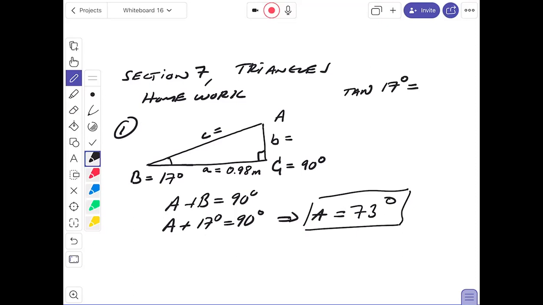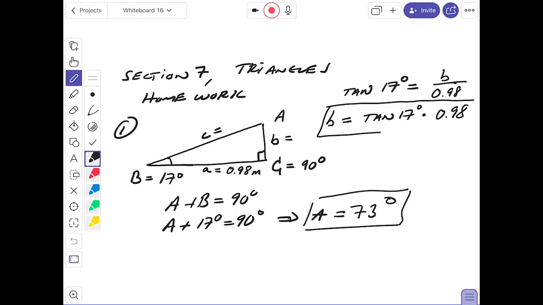Which is B, over the adjacent, which is 0.98. I know that's in meters, so my B is going to be in meters. So what's B going to be equal to? Fairly simple. It's going to be equal to the tangent of 17 degrees times 0.98.